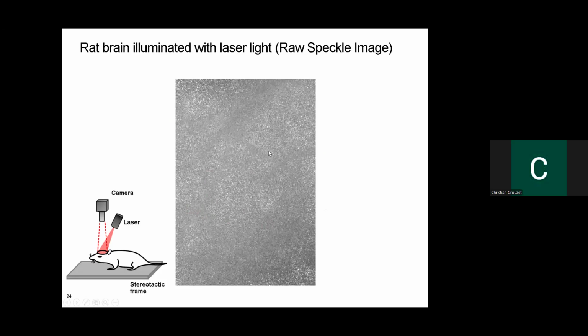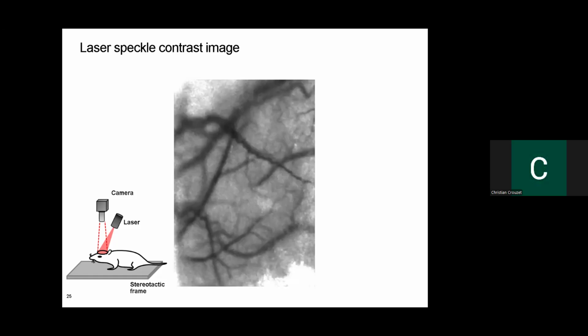In this image, you really don't see a lot of features. You can maybe see some blurring in some of these areas, but for the most part, it just looks like noise. Now, when we apply that sliding window algorithm, you can really start seeing the accentuation of blood vessels that are occurring in these areas. So all these vessels are from the cortex of a rat brain. So it's really showing that you can have this high visualization of the vasculature by doing the sliding window approach.